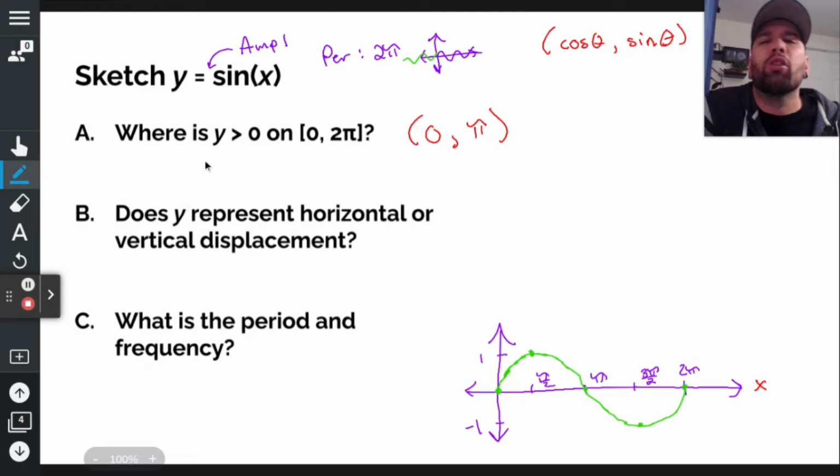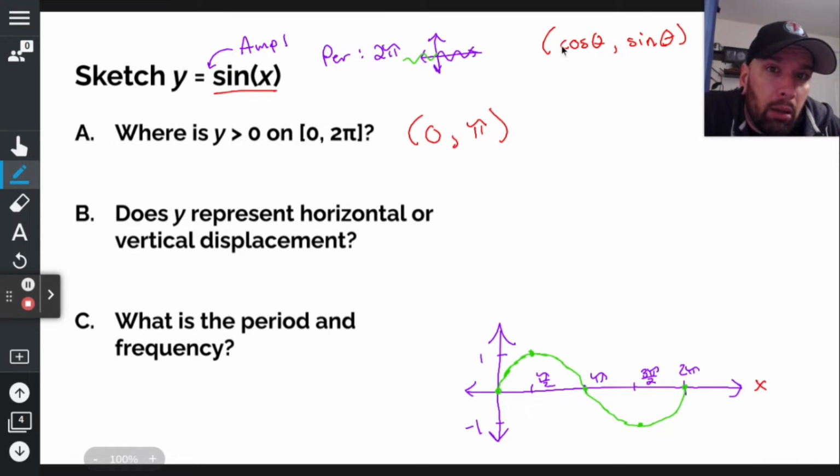What I'm actually asking you is, does sine x represent horizontal or vertical displacement? Sine x is y. If I called it g of x, maybe that would have been a better job by me. But sine theta is y to begin with.